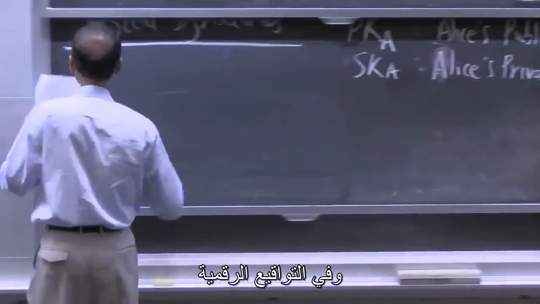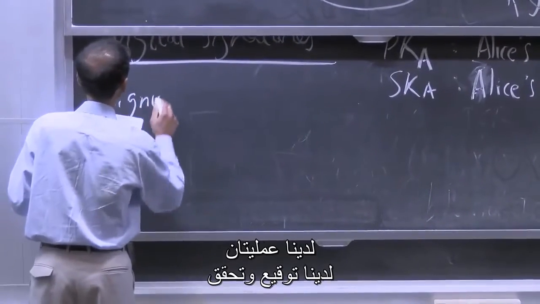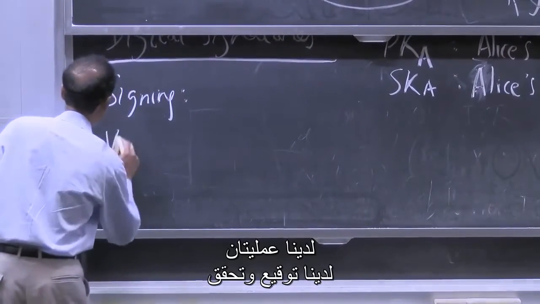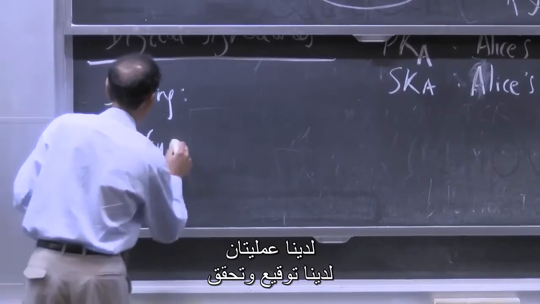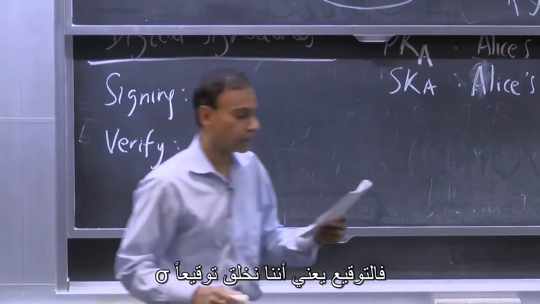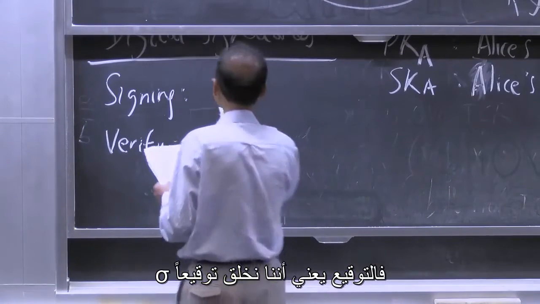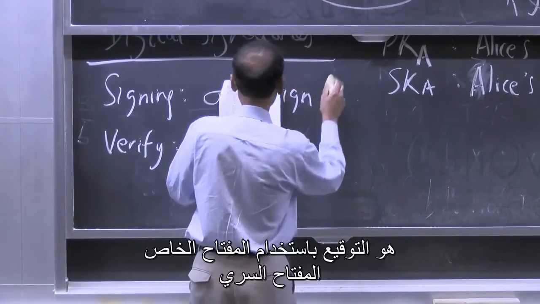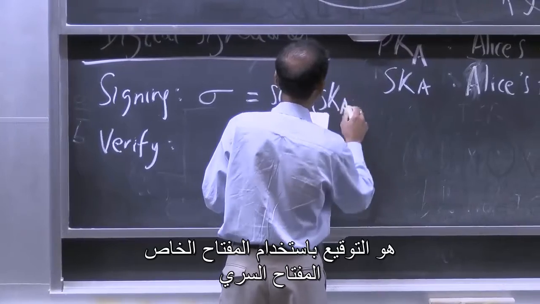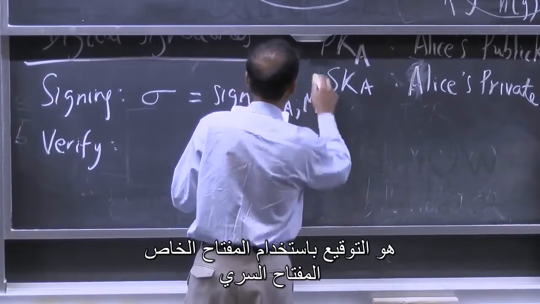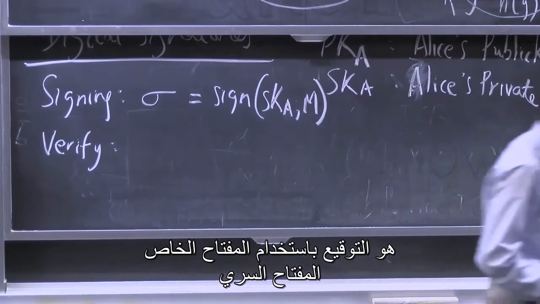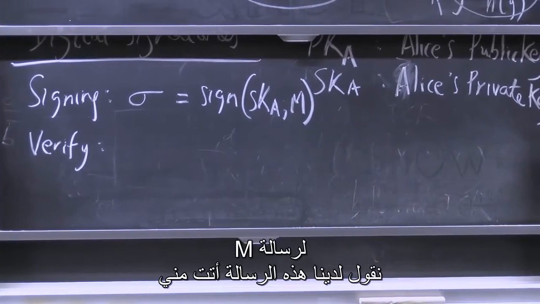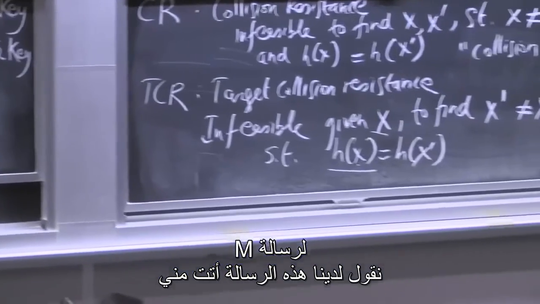And what digital signatures correspond to are that you have two operations. You have signing and verification. So signing means that you create a signature sigma that is the sign, using your private key, your secret key, of a message M. So you're saying this is this message, it came from me, right?